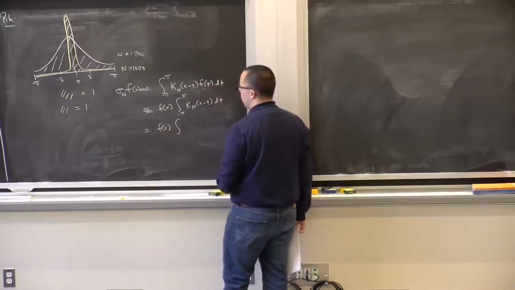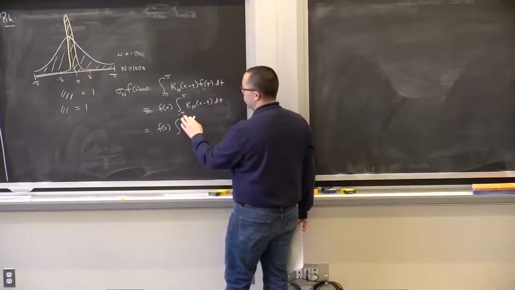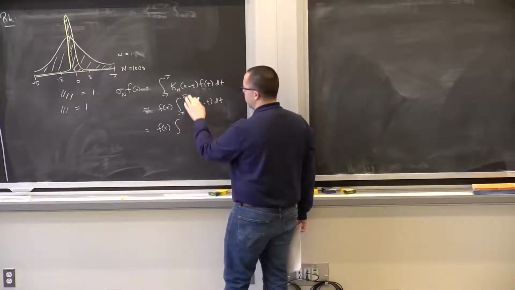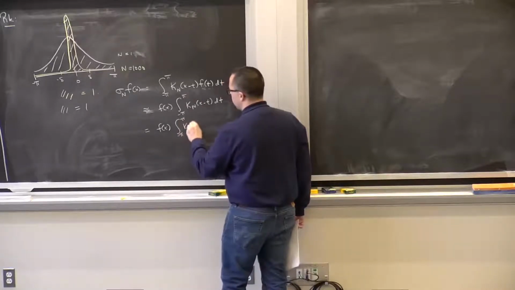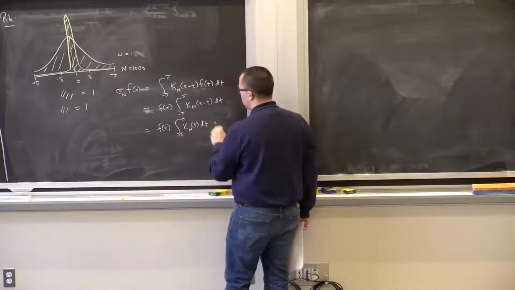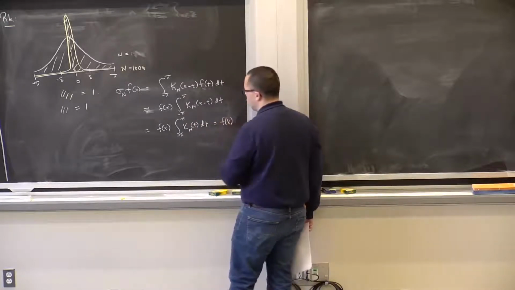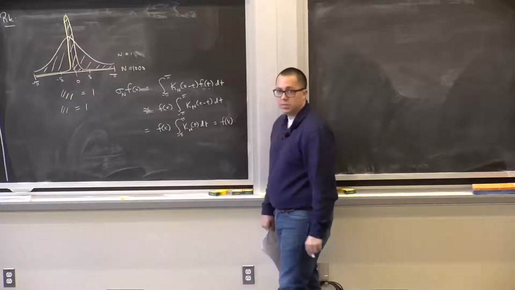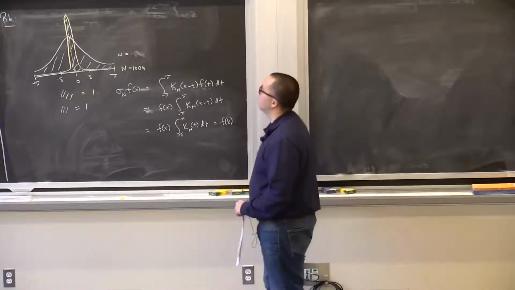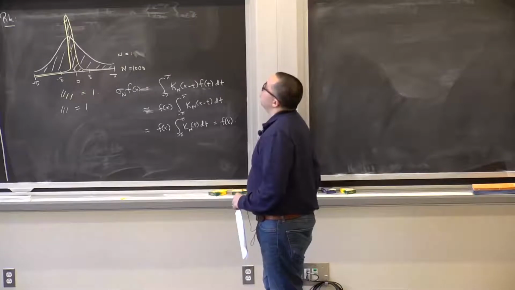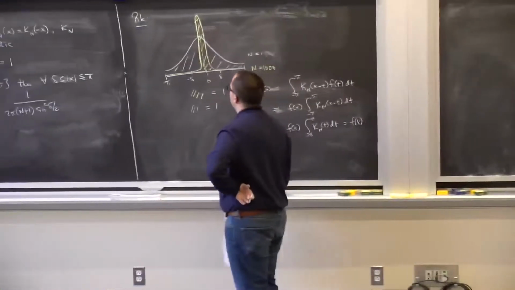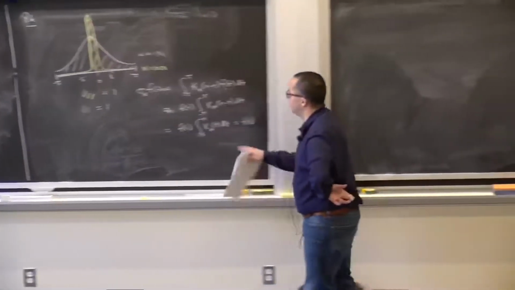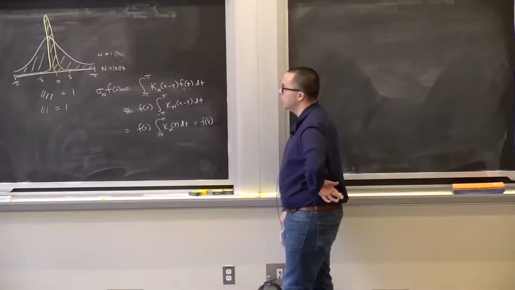Which means I could add an x to both top and bottom, and therefore change variables to get the integral of Kn of t dt, which equals, because the integral is 1, something like f of x. Okay, so this is kind of a heuristic reason why one should expect the Cesaro means to converge to f. Okay?